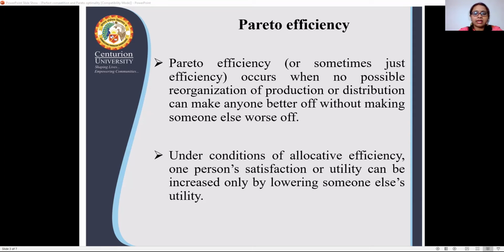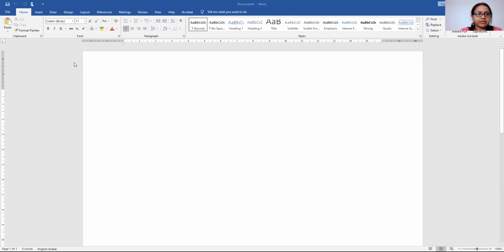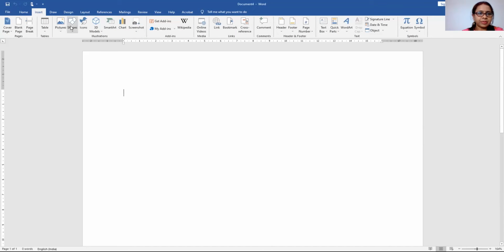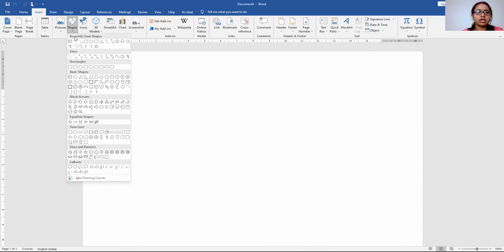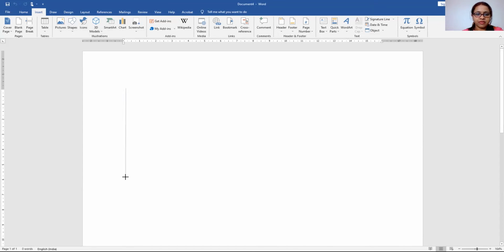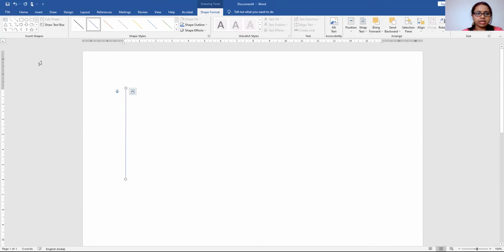We can explain this PPF. Let me draw this figure. Let me share a screen where we can draw this PPF. So here I'm sharing a Word file. We'll draw the diagram of the PPF, the production possibility frontier, just to recapitulate what we had discussed. So this is, say, the y-axis. Then I'll take the x-axis.